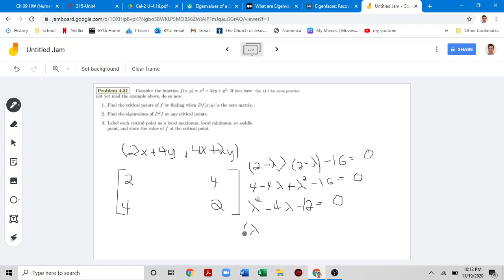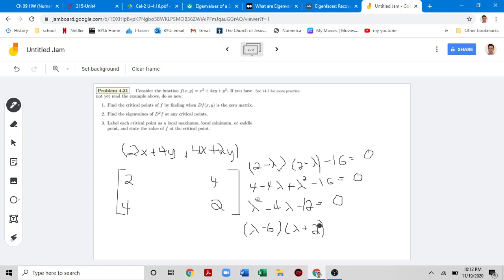I'm going to make that lambda minus 6 times lambda, not theta, lambda. Man, the Greeks, they're changing me. And that plus 2.